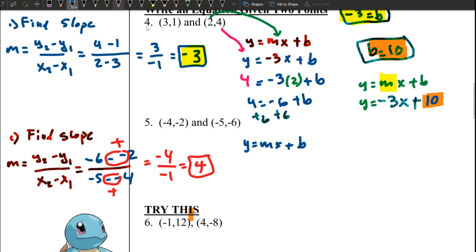y equals mx plus b. So m is 4. Your x and y, you can pick any point. I will pick the smaller point, the smaller values. That would be negative 4 here, and negative 2 here.